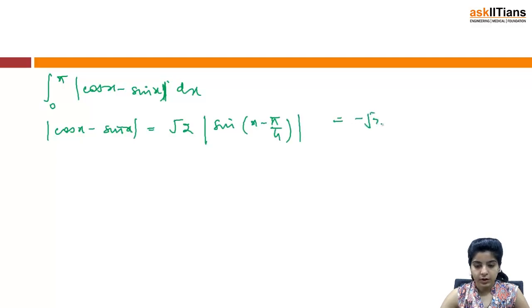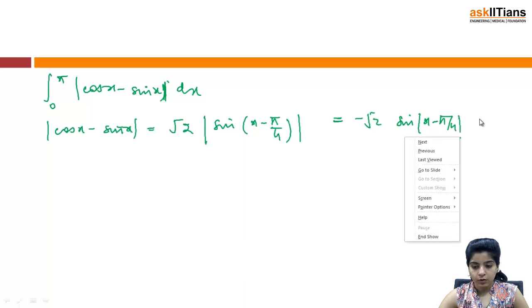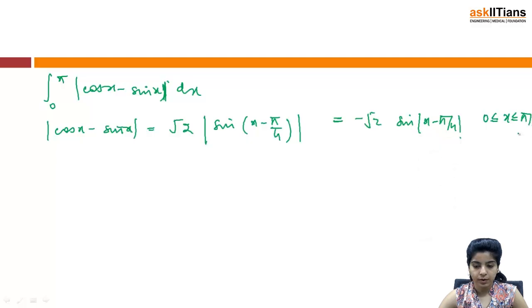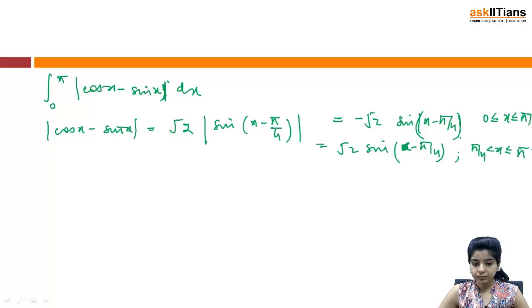which will be equal to minus root 2 sin (x minus pi by 4) for 0 is less than or equal to x is less than or equal to pi by 4, and that will be equal to root 2 sin (x minus pi by 4) for pi by 4 is less than x is less than or equal to pi.